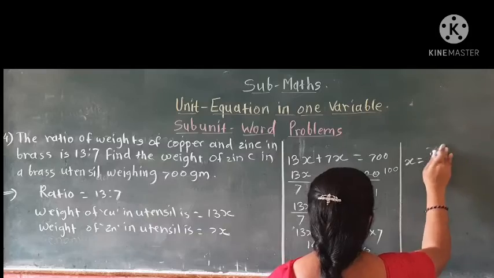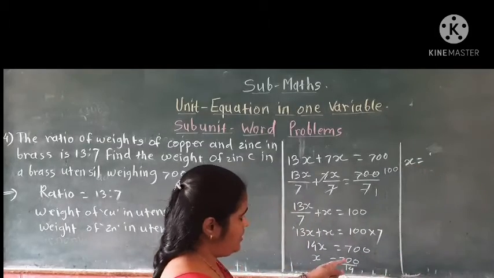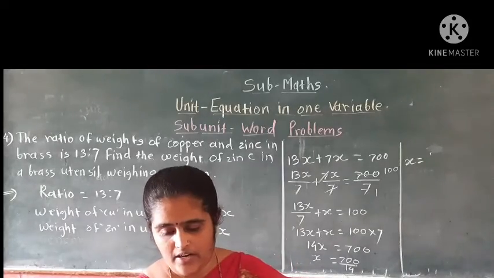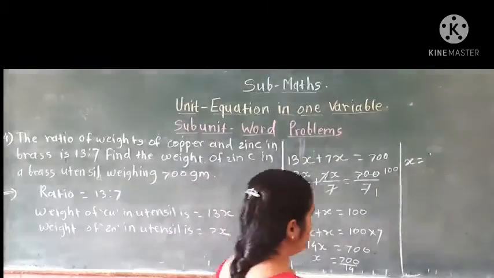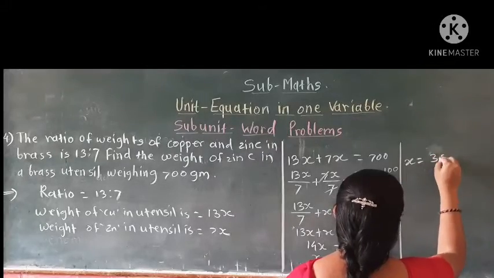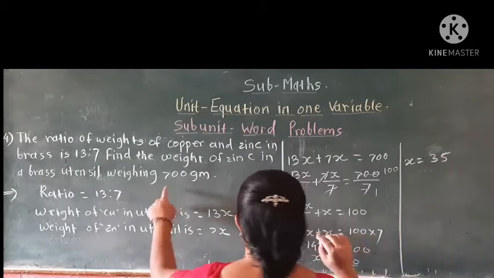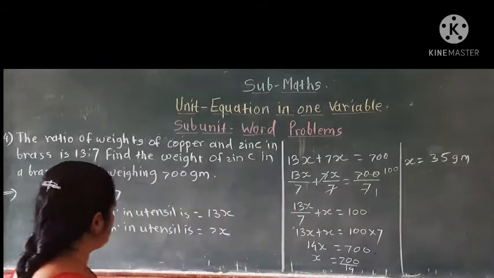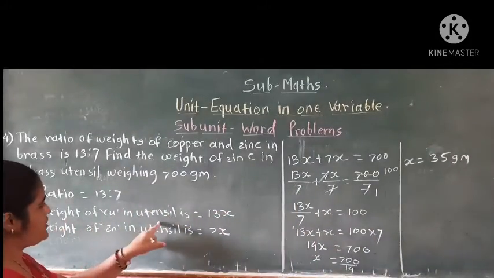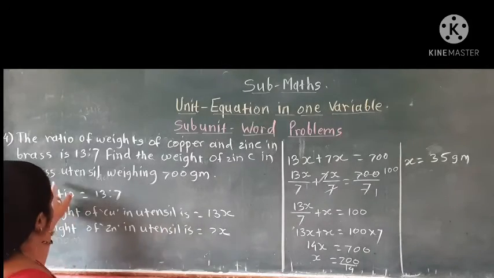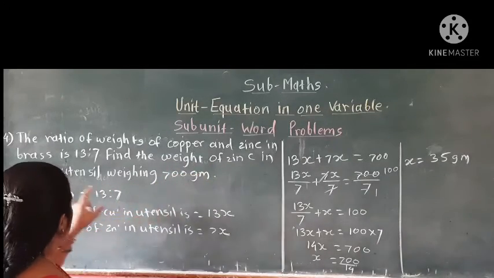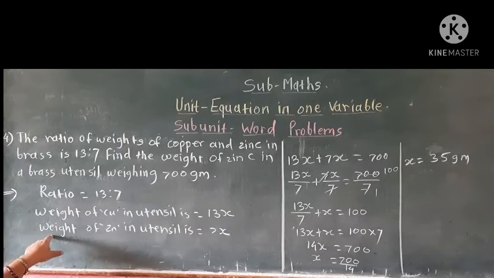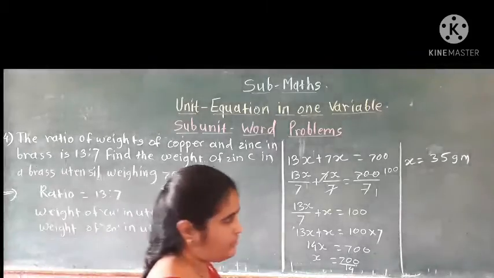Okay, let's divide 700 by 14. The answer is 50. Hmm, the speaker says 35 grams. We have calculated the value of x. Now we have to find the weight of zinc in the brass utensil.